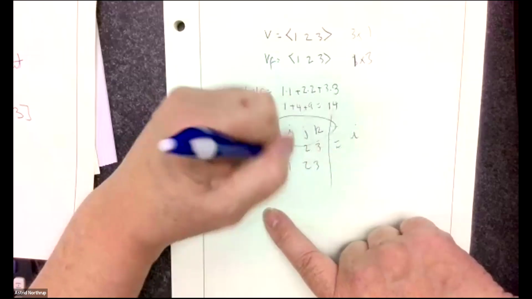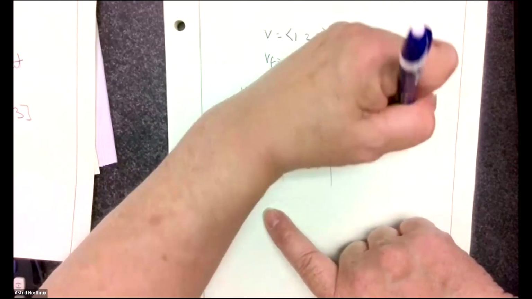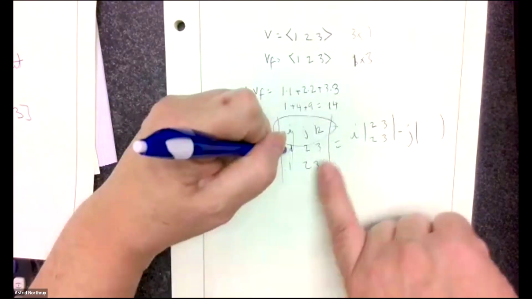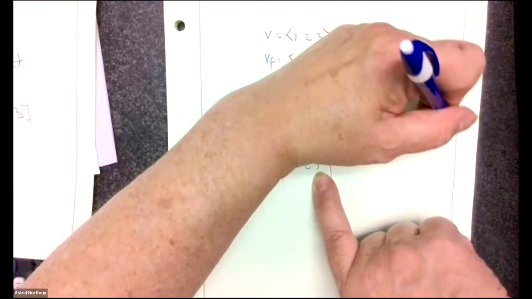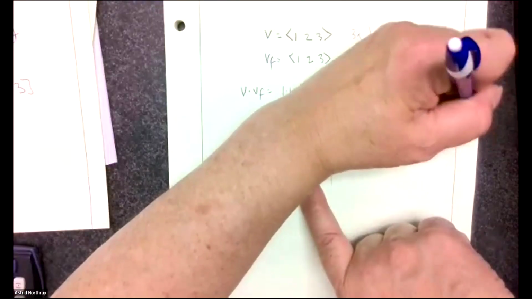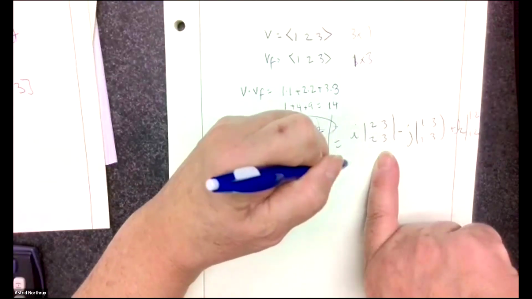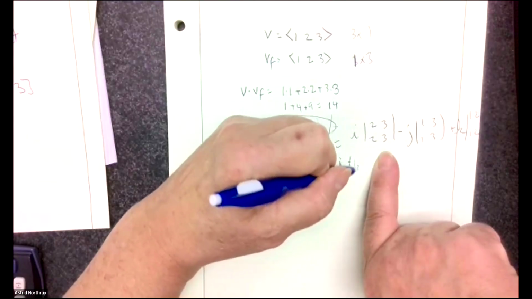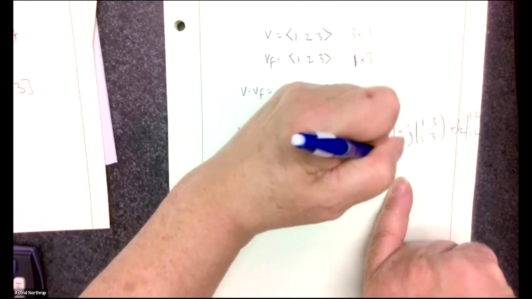It's I times the small matrix 2, 3, 2, 3, minus J times the small matrix 1, 3, 1, 3, plus K times the small matrix 1, 2, 1, 2. And then you have to execute these. So it's I times 6 minus 6, minus J times 3 minus 3.